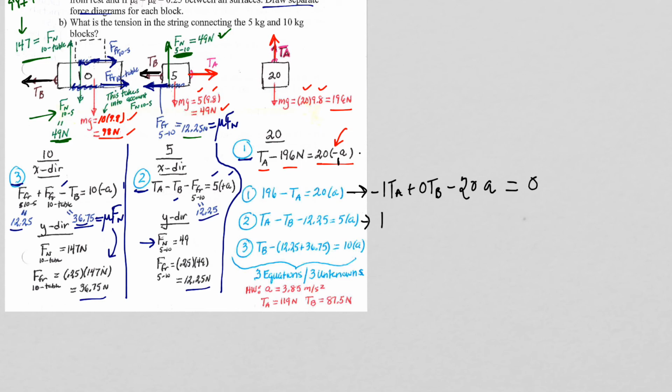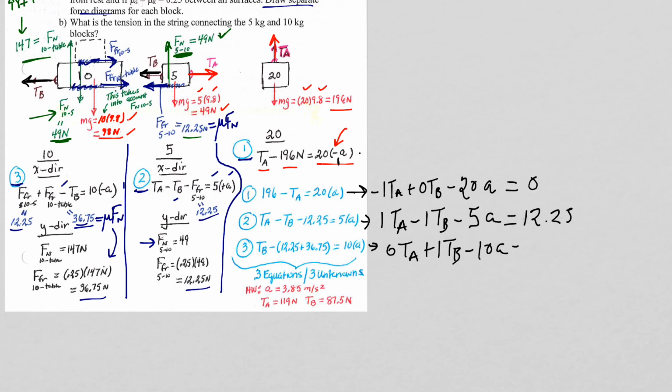Here we have 1 times tension A minus 1 times tension B minus 5 times the acceleration equals positive 12.25 when I bring it over the other side. And here we are going to have 0 times tension A plus 1 times tension B minus 10 times A, and this is the 12.25, and the 36.75 gives us 49.